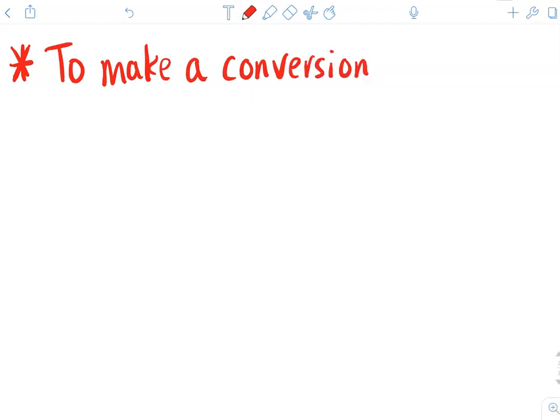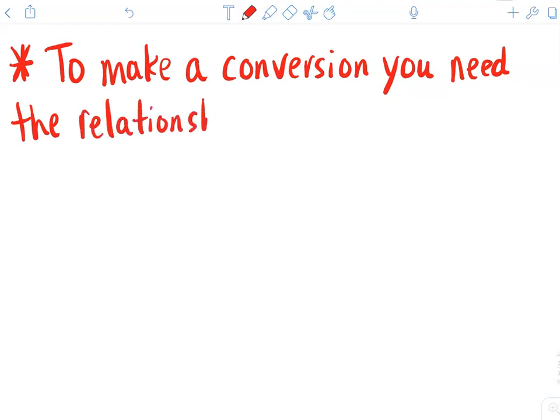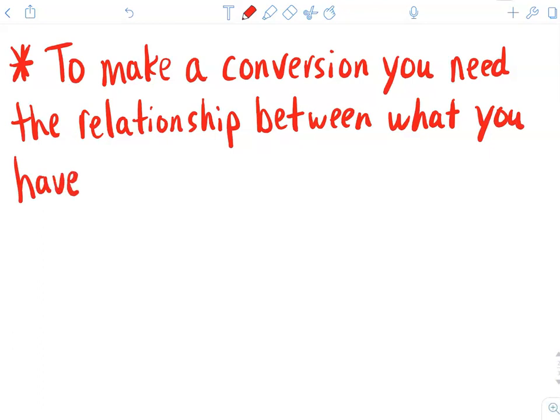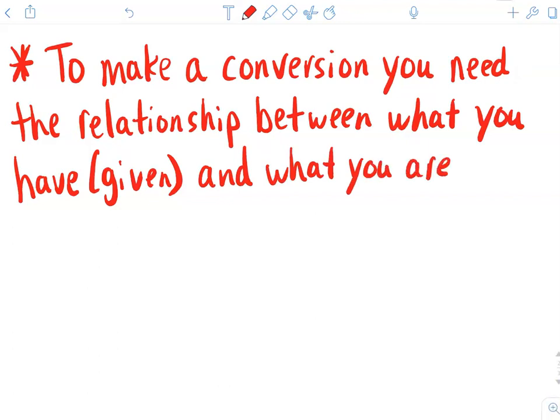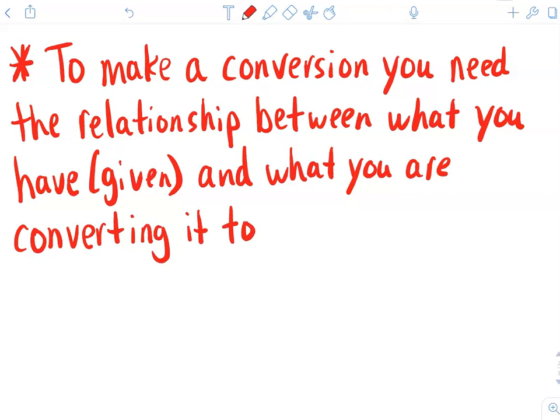And it's important to note that in order to make a conversion, you need the relationship between what you have, meaning the thing that you are given, and what you are converting it to, which is your unknown.